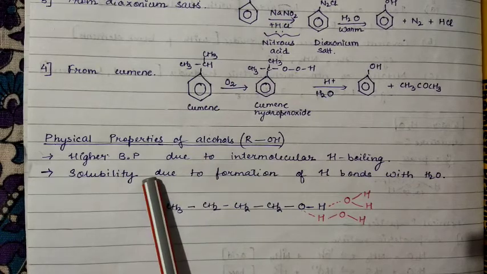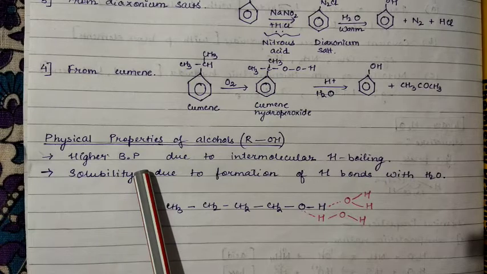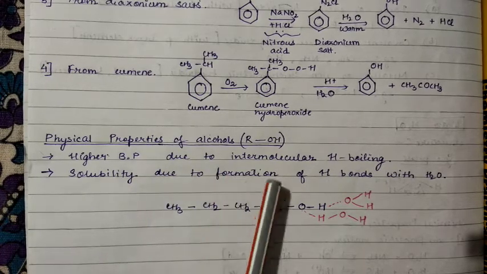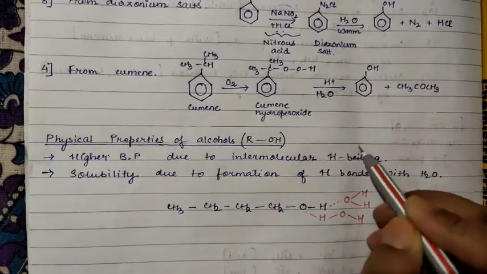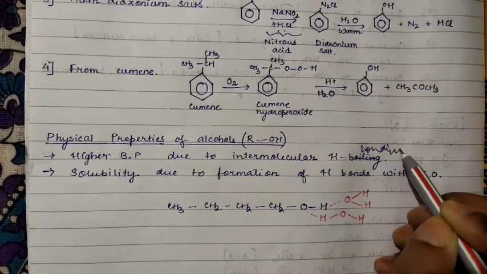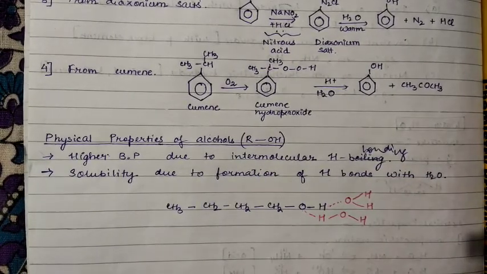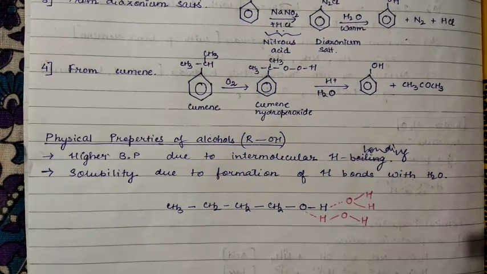Next, when we talk about the boiling point of alcohols, it is higher due to intermolecular hydrogen bonding. When we talk about any alcohol molecules, there will be extensive hydrogen bonding between different molecules, right?